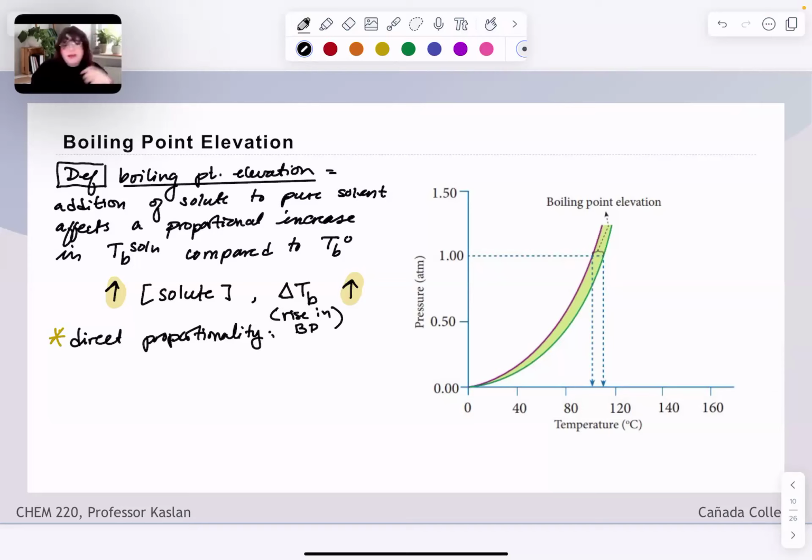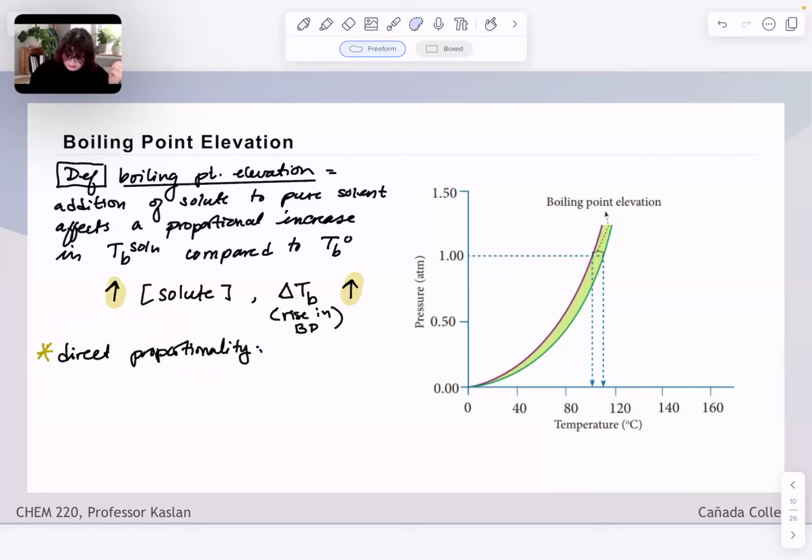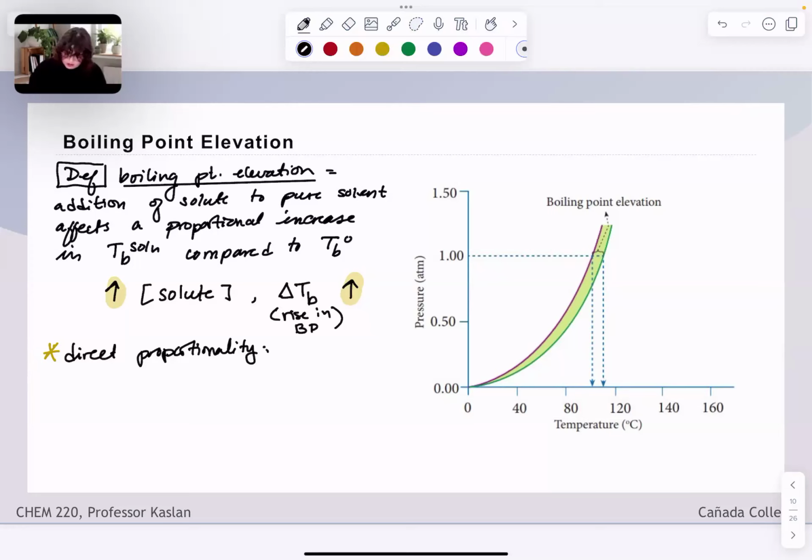And we express this directly proportional change in our boiling point using what's called the boiling point elevation equation. So we say here that the change in the boiling point of our solution is equal to K times i times m.